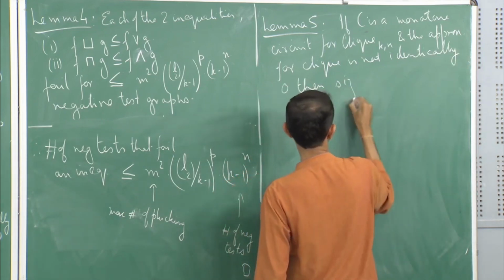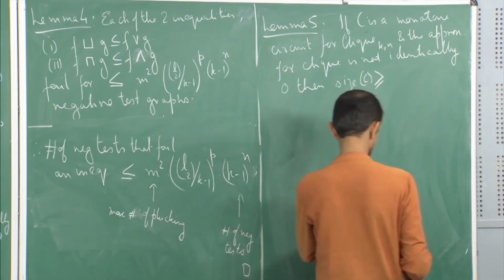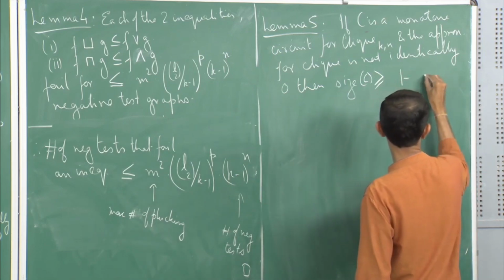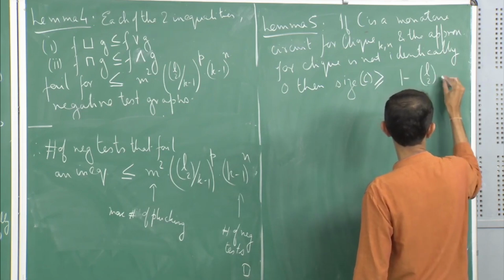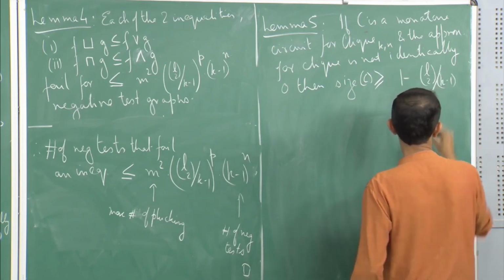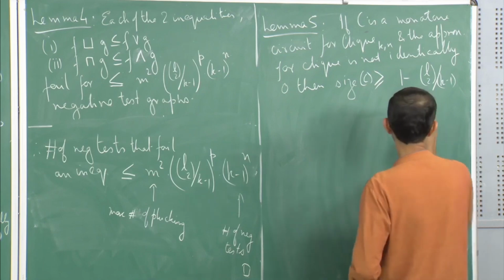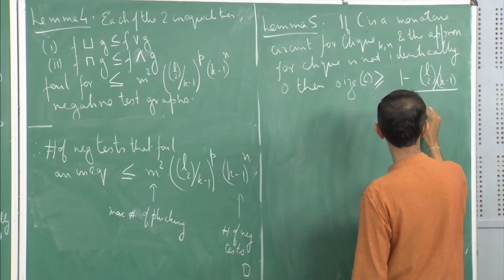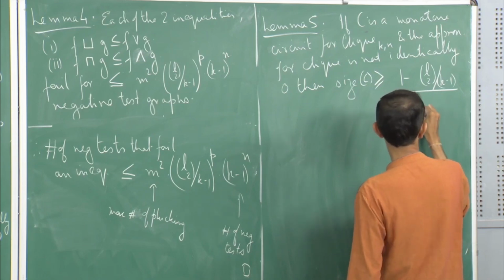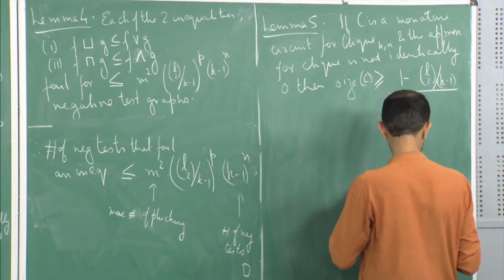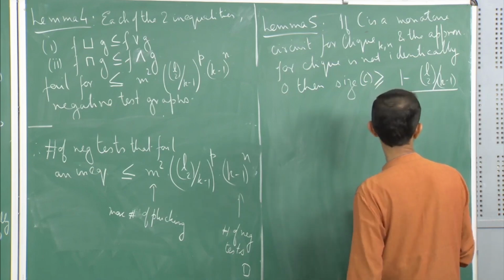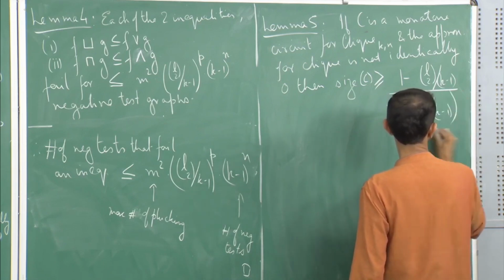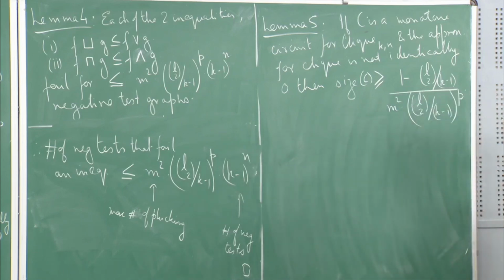Then the size of C is at least (1 minus L choose 2 by K minus 1) divided by M square, into (L choose 2 by K minus 1) whole to the power P.